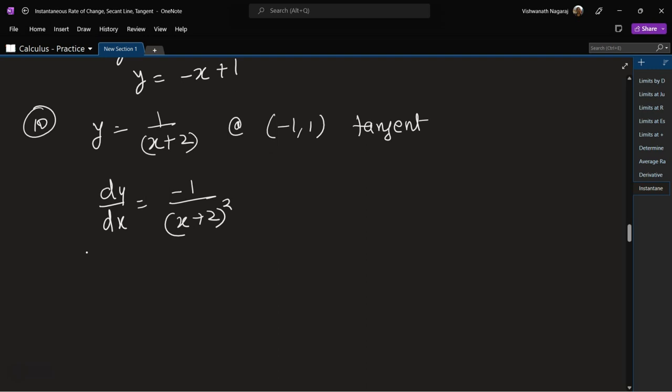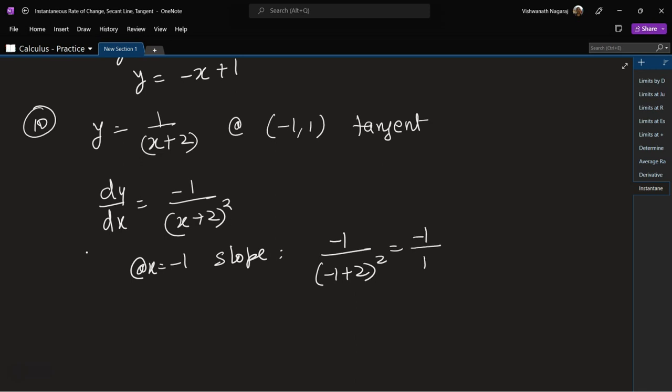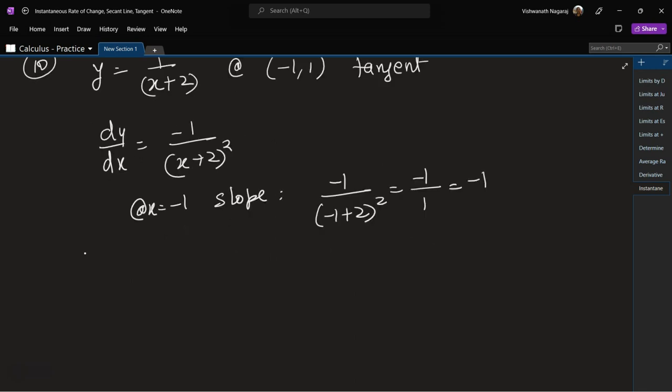The more you practice, you will realize that most of the things you can do in your mind itself. So at x equal to minus 1, slope is minus 1 by minus 1 plus 2 square, which is minus 1 by 1 square, which is minus 1. Okay, so we have the slope, we have the point.